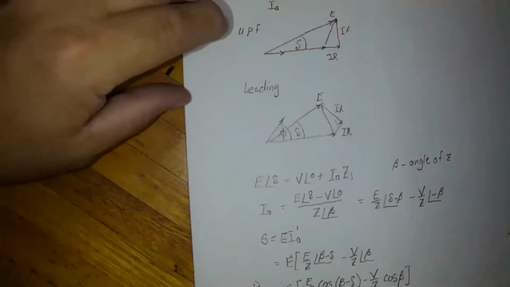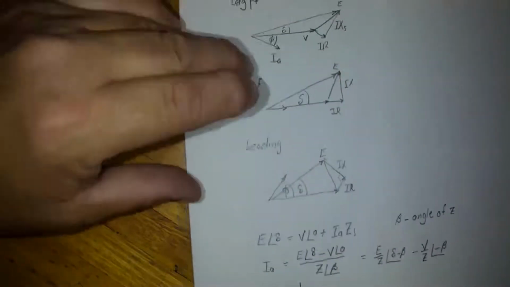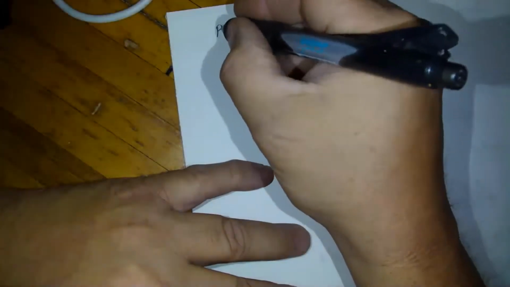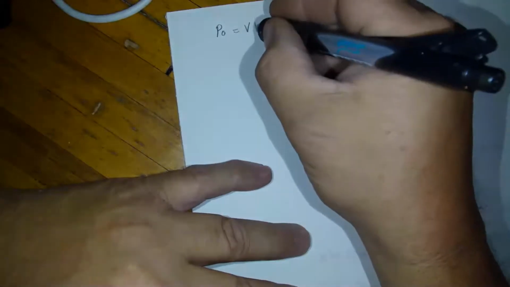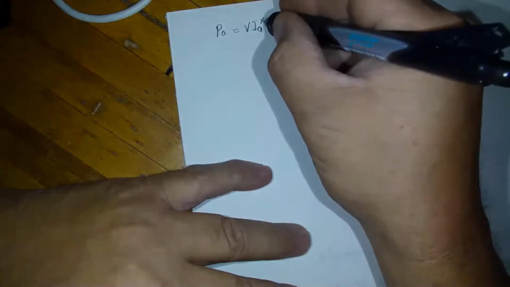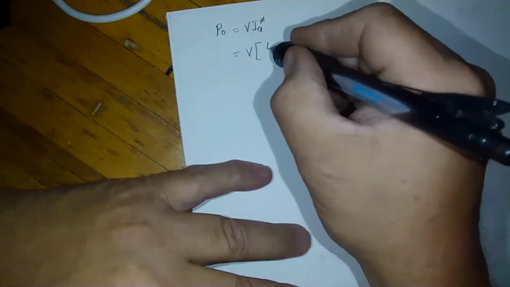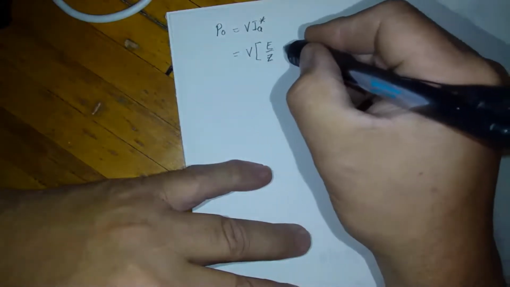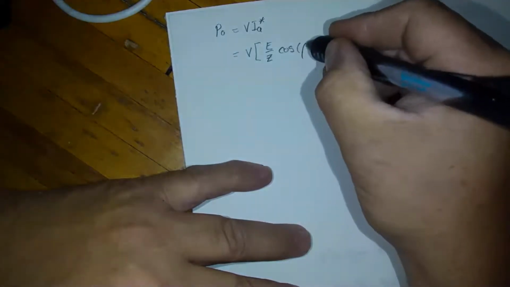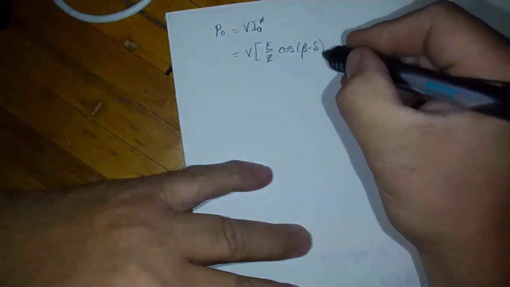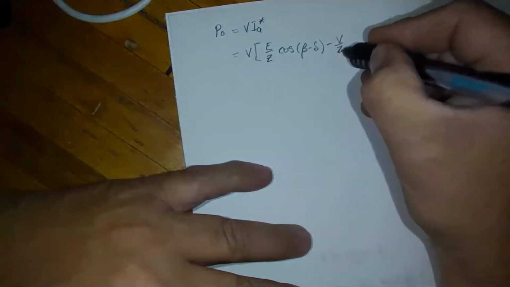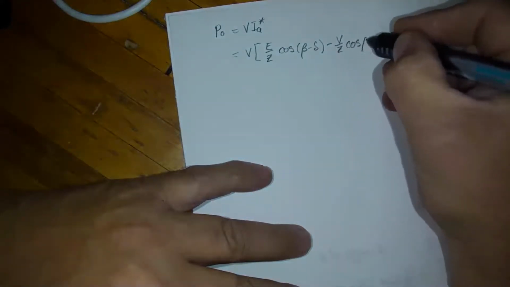Okay, now let's look at the developed power, output power, sorry. P out is V times the conjugate of the current. So that's V E over Z cos of beta minus delta, minus V over Z cos beta.